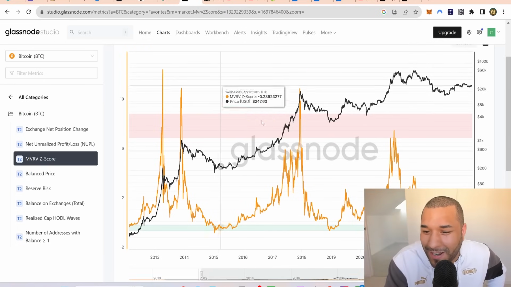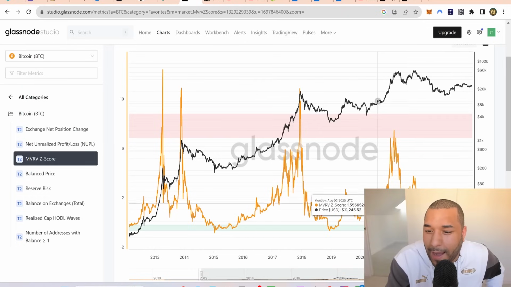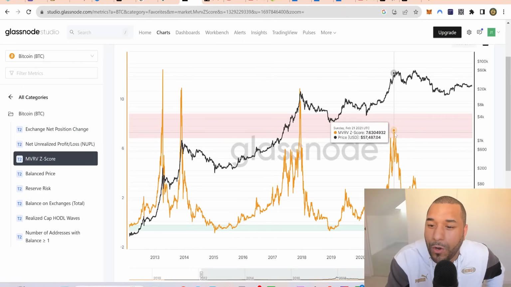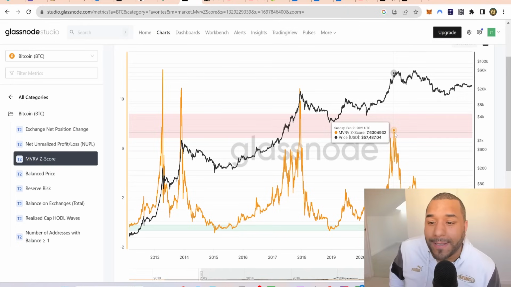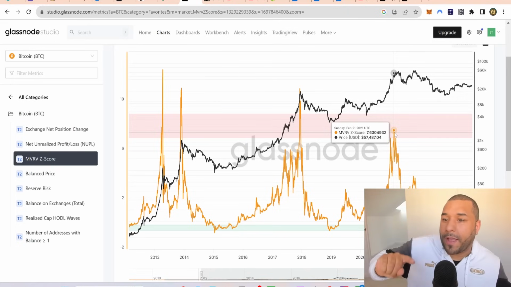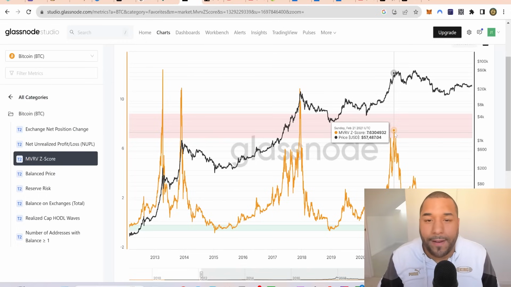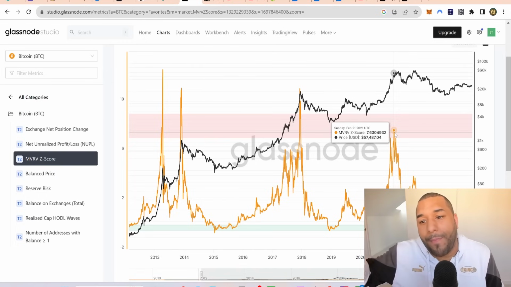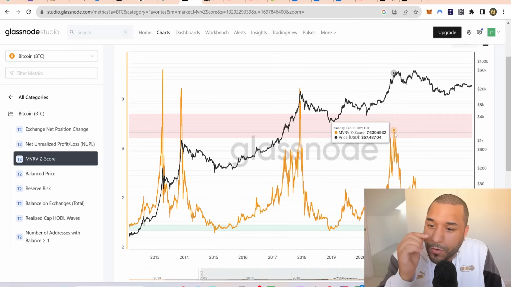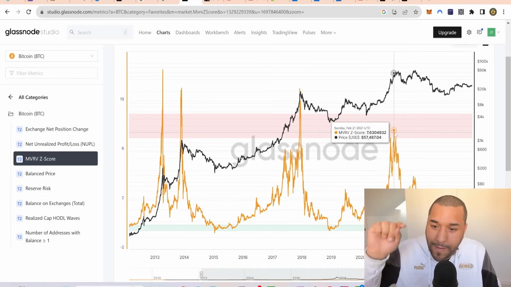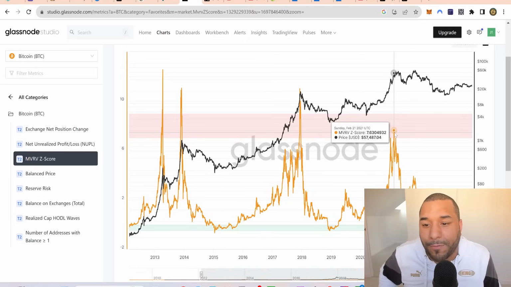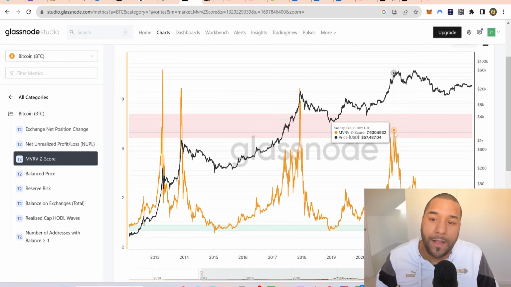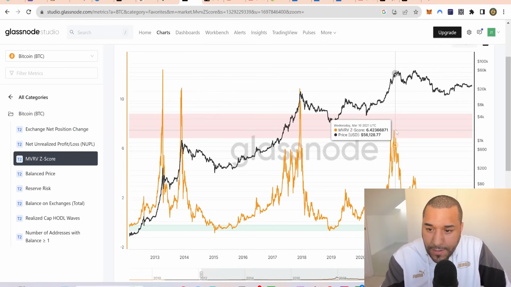And look at this last red. When this peaked up, this orange line came up into the red. Look at the date of when it peaked into the red. Many people were saying the highs of Bitcoin and the top of the cycle were a bit further on. But according to the chart analysis and Glassnode, the 21st of February 2021 was the top of the cycle, or thereabouts, somewhere around here.